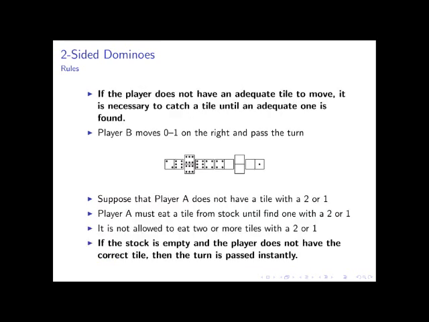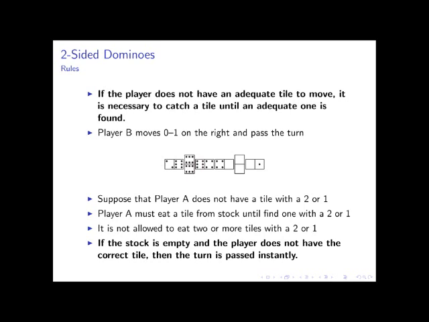Suppose a situation in which the player does not have an adequate tile to move in its turn. Then it is necessary to catch a tile from stock until an adequate one is found. For example, suppose player B moves 0-1 on the right and passes the turn. And suppose that player A does not have a tile with a 1 or a 2.